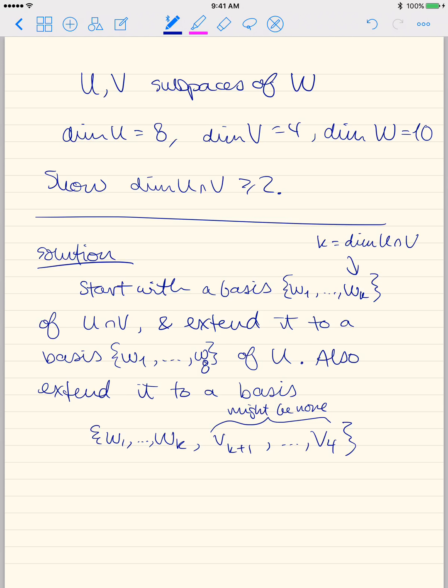Okay, so now we have these 2 different lists, and what are we going to do with the lists? What feels like should be done? We have one list of 8 things, one list of 4 things. We should put them together and see what happens.